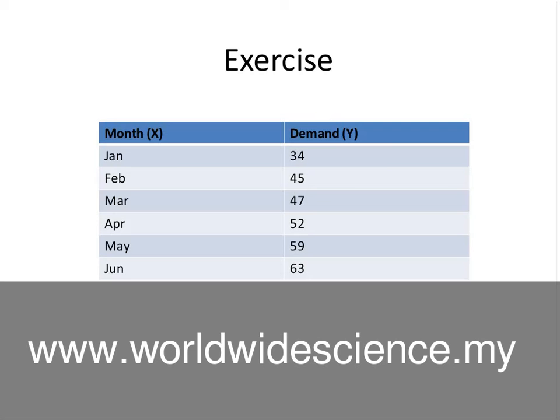X is a variable. It can have different numbers. It depends on you to give it the number.